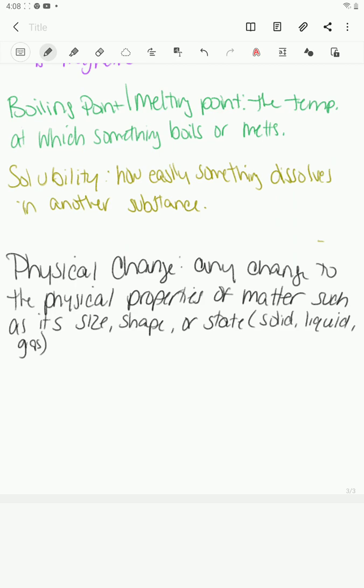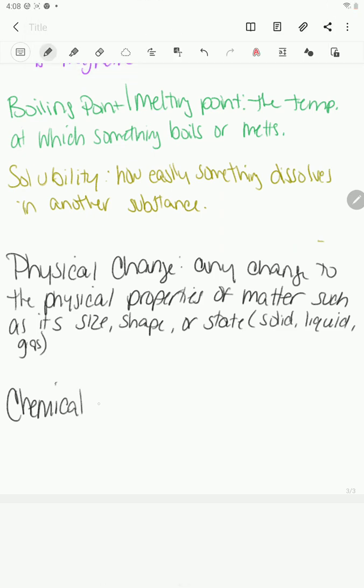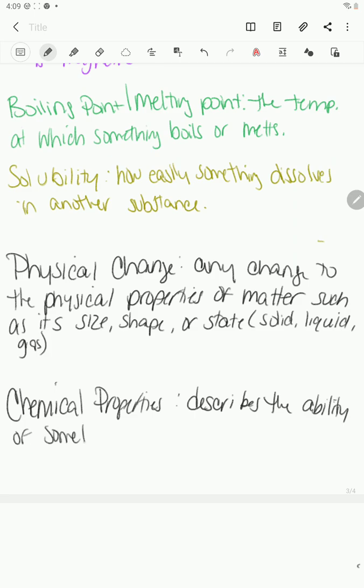So we can also talk about chemical properties. Chemical properties describe the ability of something to undergo different chemical changes.